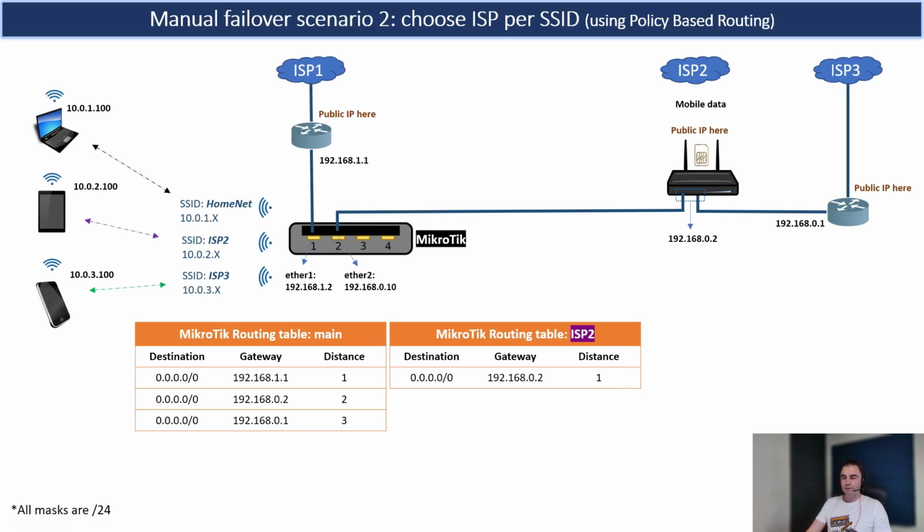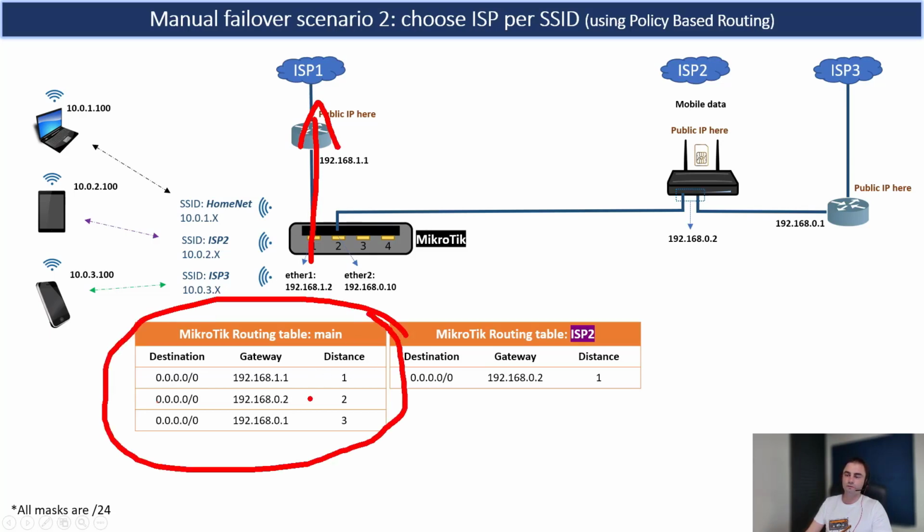And now the next question which comes here is, okay, how should I associate the traffic coming from this SSID to use this routing table? If I just leave things like they are at the moment, all the traffic from the three different SSIDs is going to exit here because all the traffic is going to use only this routing table.